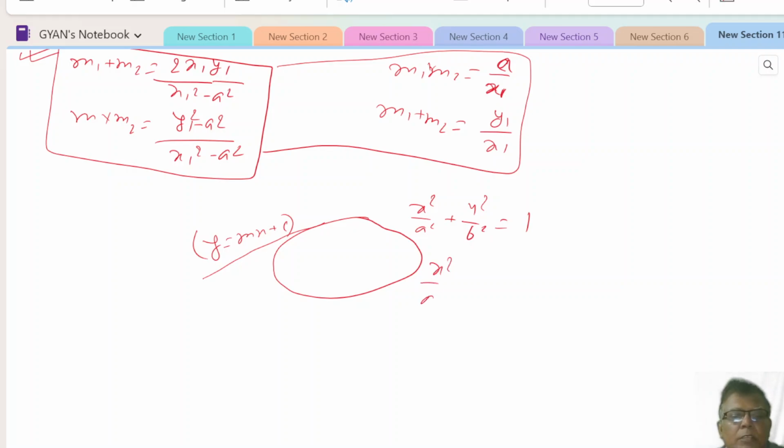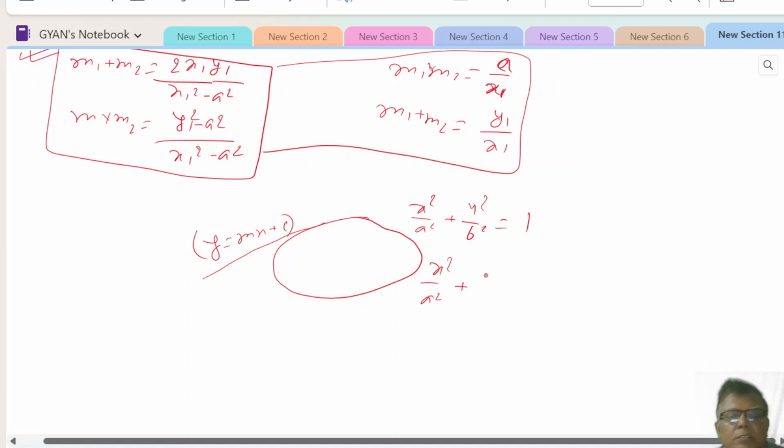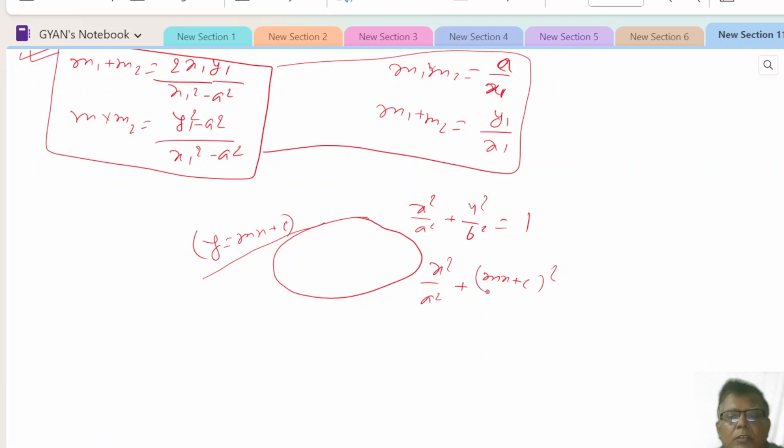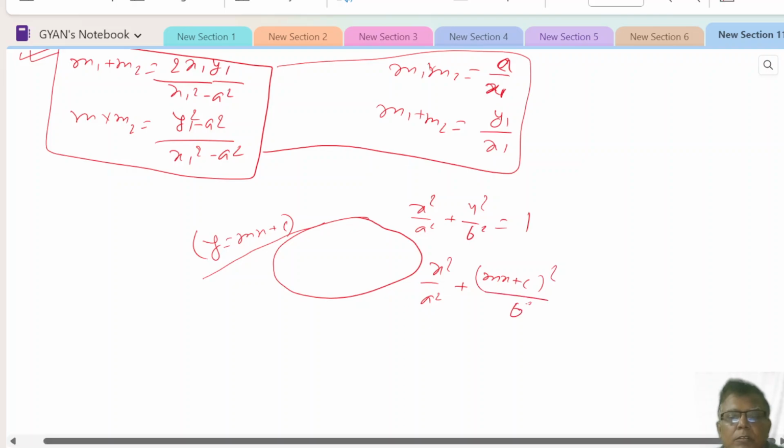Then x square by a square plus (mx plus c) the whole square by b square is equal to 1. Then b square x square plus a square (mx plus c) the whole square is equal to a square b square.